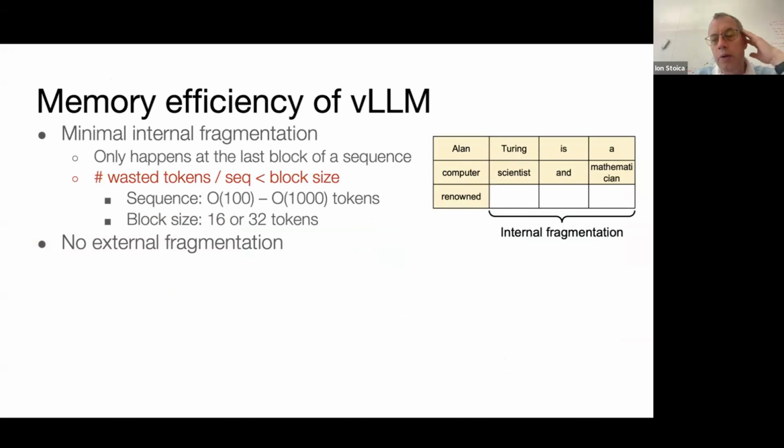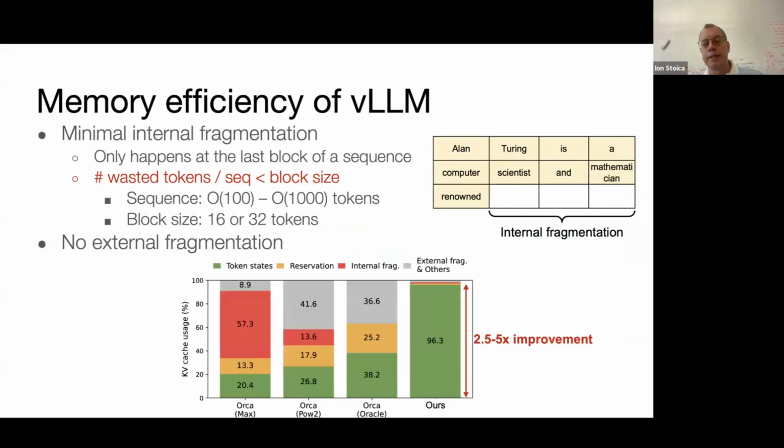So what do you get? Well, this is what you get, right? Remember the previous figure, which showed the fragmentation. With vLLM, you can get the memory utilization up, a 2.5 to 5x improvement, up to 96% from 38%.